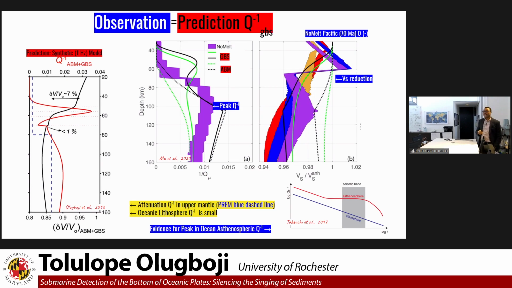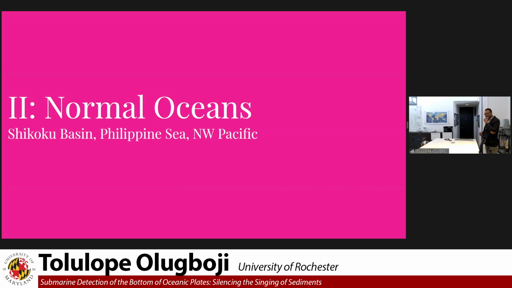And to explain this peak in attenuation, which is around 80 kilometers depth, they have to include our idea of a grain boundary sliding mechanism. So it seems, starting from 2017 until about 2020, that new results coming online bear out this attenuation mechanism. So that's the gist.